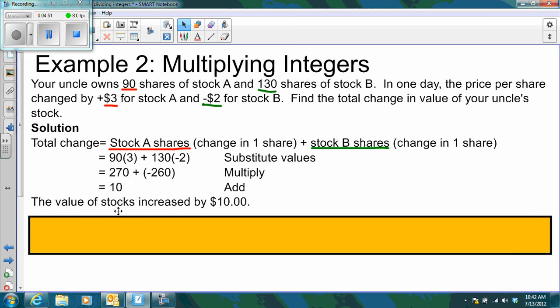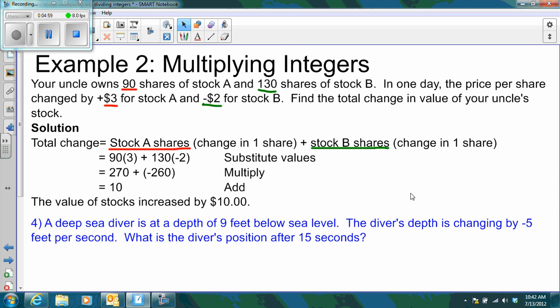So the value of the stocks increased; the change in value is $10, and you gain $10. So I want you to try the following word problem on your own. First, set up a verbal model, and then substitute the values and find the solution. Press pause now.